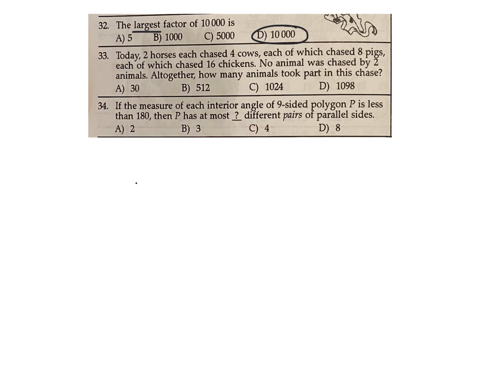Okay, so we start off with 2 horses. Each of them chased 4 cows, so that's 8 cows in total. Each of them chased 8 pigs. Hold on. Each of them chased 8 pigs, so that would be 8 times 8, 64 pigs.